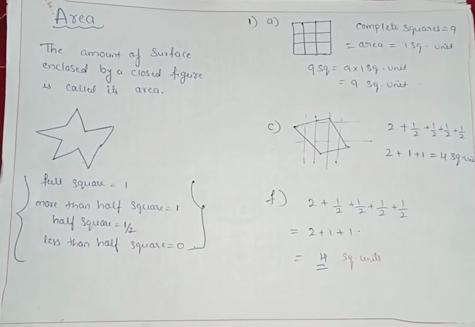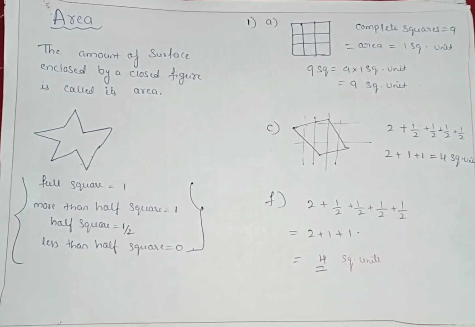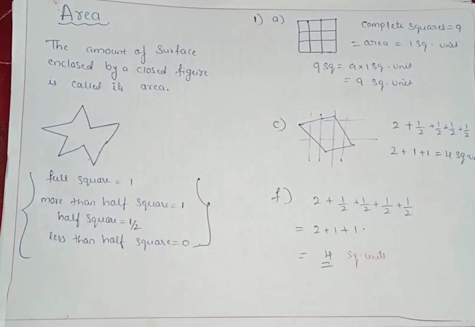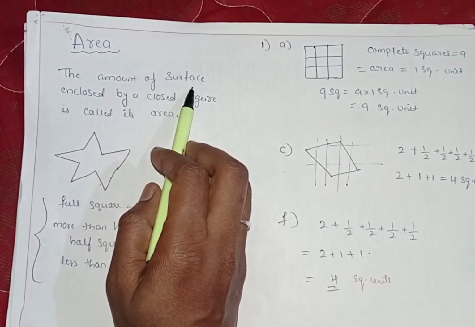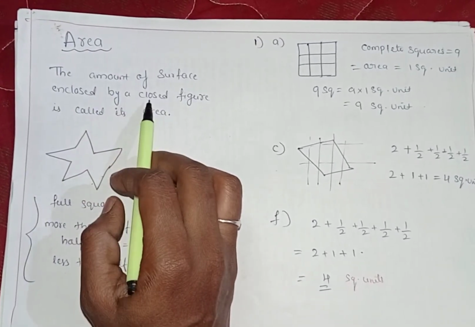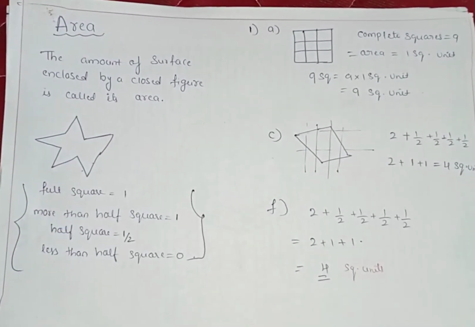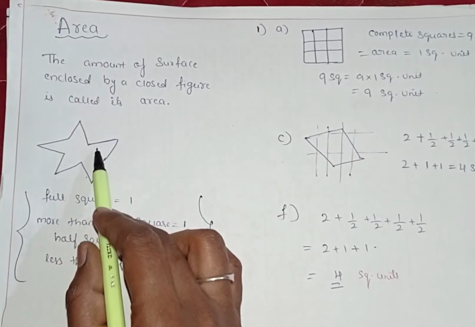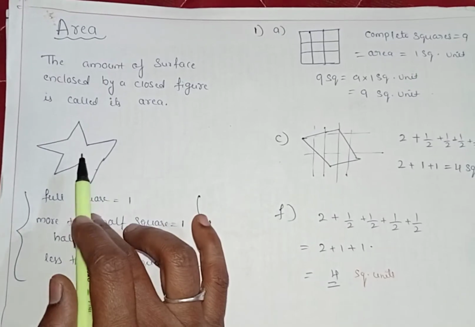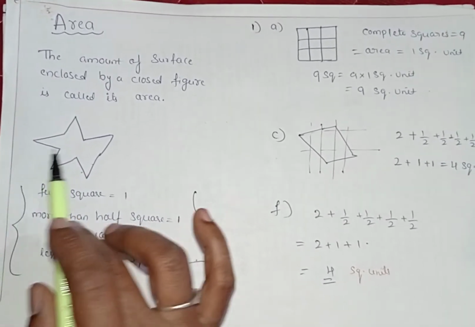Now, I'm going to start a new concept, that is area. What is area? The amount of surface enclosed by a closed figure is called its area. Children, do you observe here? I drew one shape here.